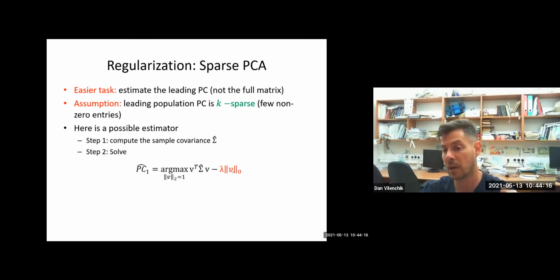And here we have a regularization term, which is the L0 norm of V, just the number of non-zero entries in V. So you can compute sigma hat and then solve this optimization problem. And if you choose lambda correctly, the problem is consistent again. So the estimated PC1 is indeed what you want.